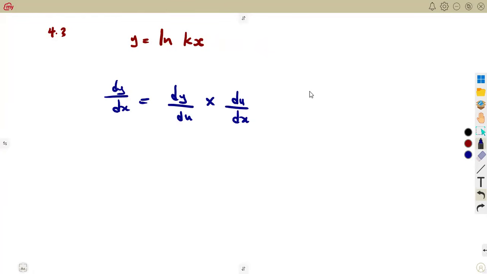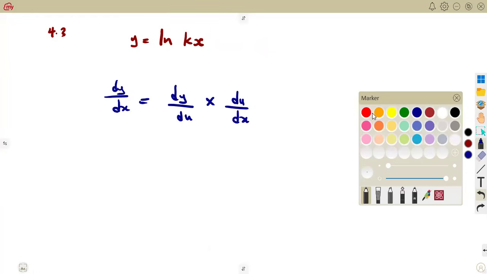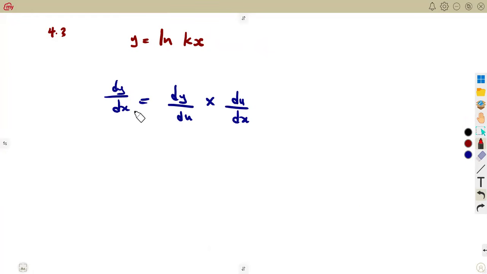Meaning to say, I must introduce a certain function to represent the u, which is not part of our equation. It's not there. So we can let u be equal to, what can we introduce as u? Are we going to be saying ln of this whole part? No. We just choose the part that is affected inside that ln, kx. So let u be equal to kx.